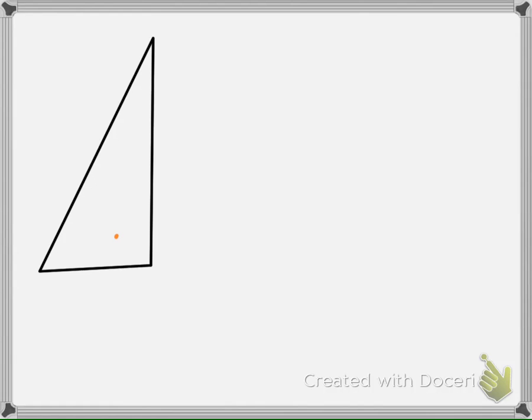Okay, let's see another example. We have a right triangle, we have an angle of 63 degrees, and we have one leg, and we need to find the hypotenuse. So what ratio should I use?